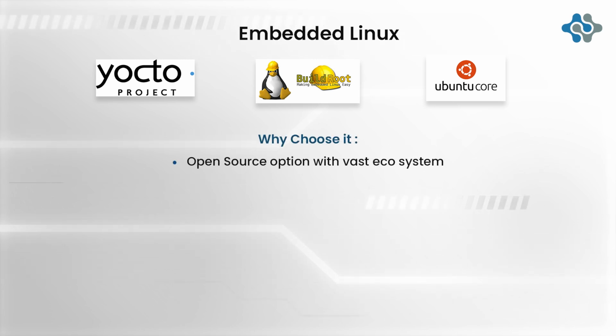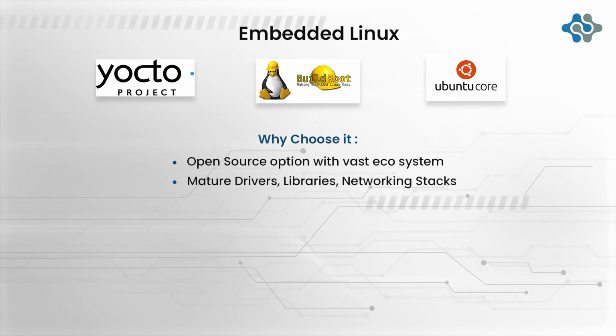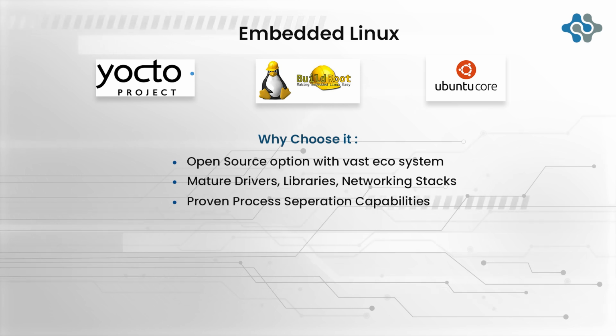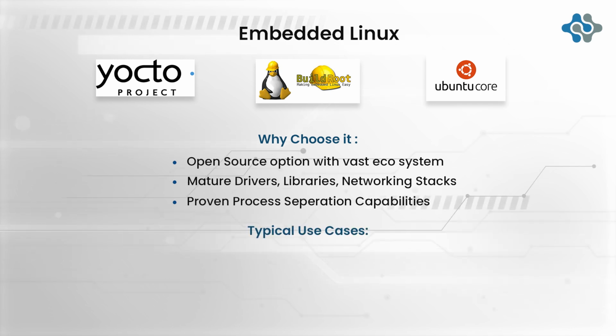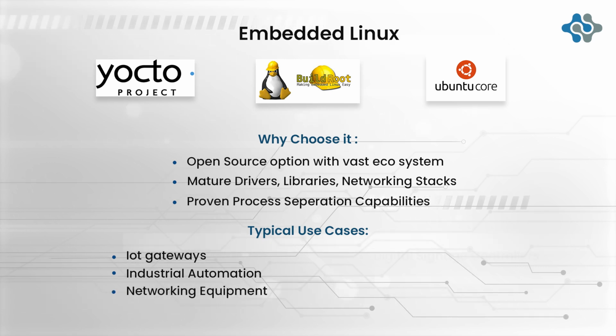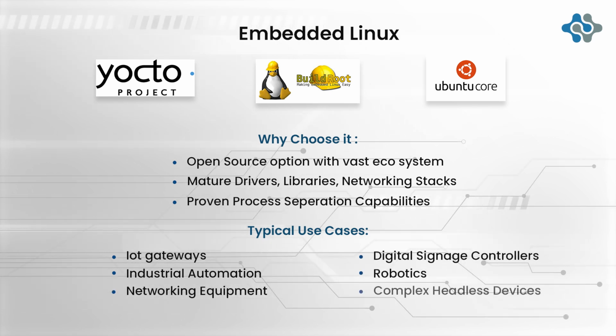Open source option with a vast ecosystem including mature drivers, libraries, networking stacks, proven process separation capabilities offering stability and flexibility. It has a huge community and developer pool. Typical use cases: IoT gateways, industrial automation, networking equipment, digital signage controllers, robotics, complex headless devices.